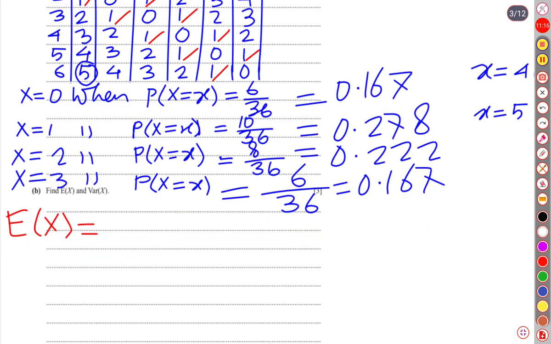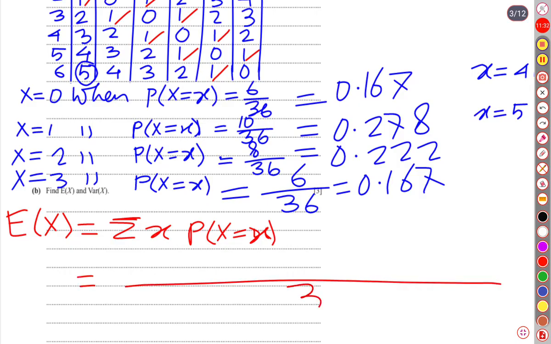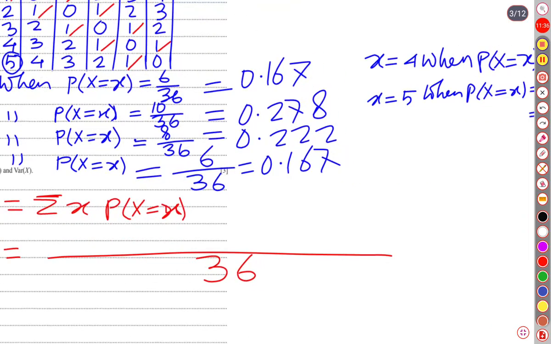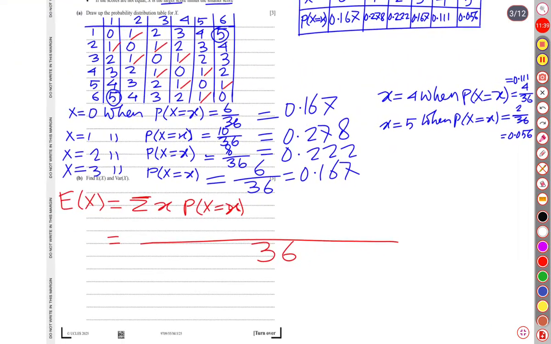E(X) is equal to the sum of x times the probability of x. That means we will multiply each probability by x and add. In all cases the denominator is 36, because the total number of outcomes is 36.